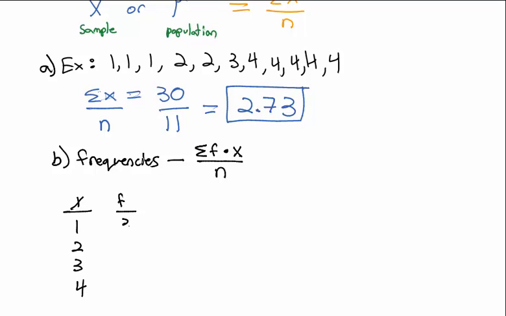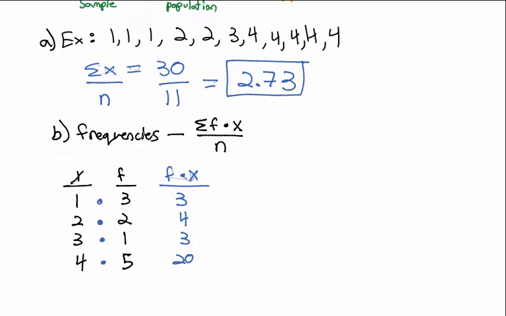Frequency-wise, we had 3 1s, 2 2s, a single 3, and 5 4s. Notice the formula has the frequency times x. So we're going to make a new column for the frequency times x, where we multiply these together as we calculate our weighted average. 1 times 3 is 3, 2 times 2 is 4, 3 times 1 is 3, and 4 times 5 is 20.